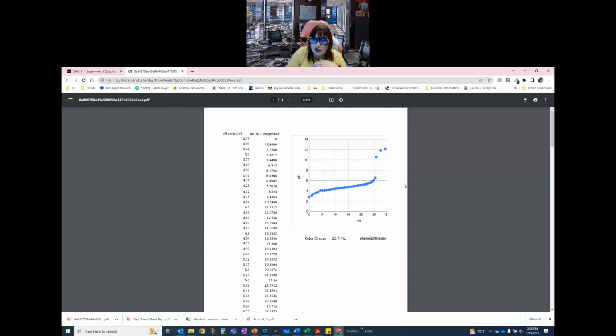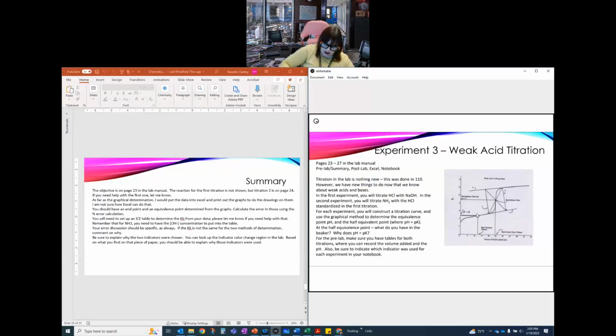And the way that we do that calculation for the percent error is to do our actual minus theoretical over theoretical times 100. Your actual here would be the end point.